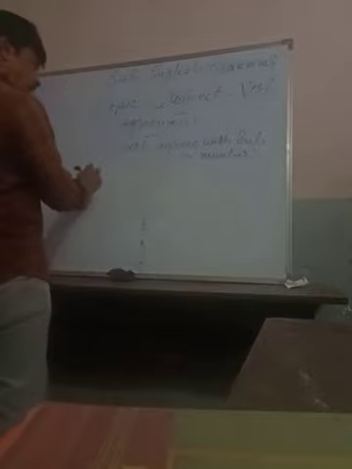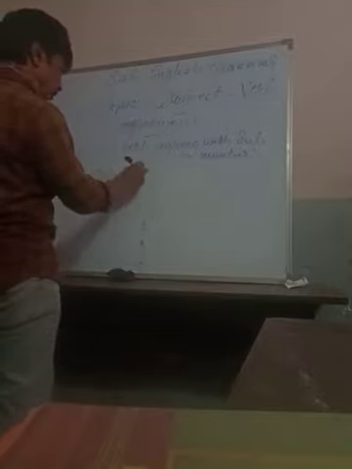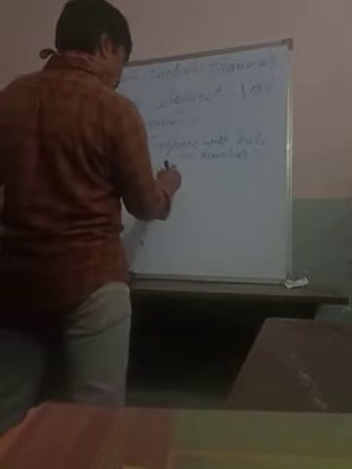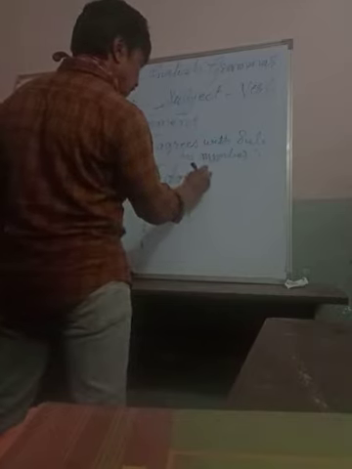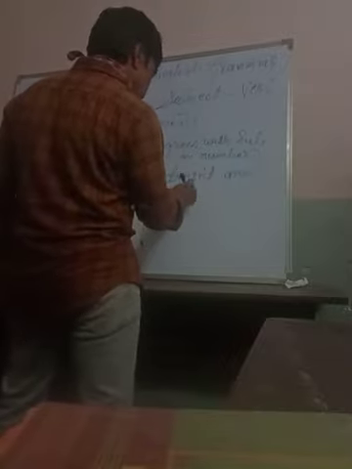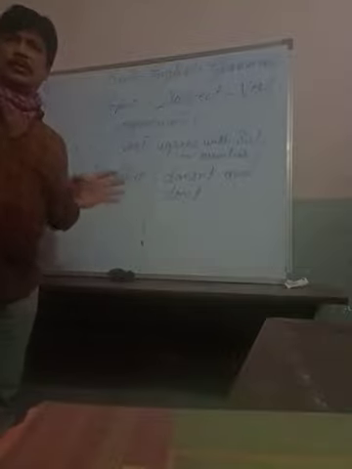And moreover, in negative form also it happens. I am going to give you some examples of negative sentences. Doesn't and don't. Look, in negative sentences doesn't and don't are used in the simple present tense.